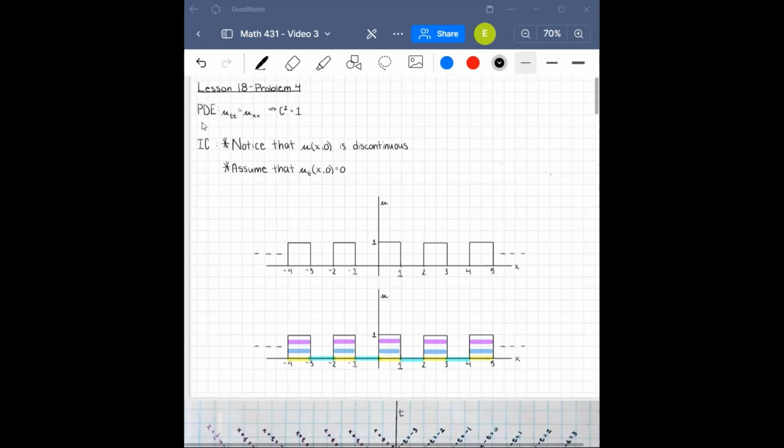So looking at our graph for our initial displacement, we can see that it is discontinuous and that it alternates from a height of 0 to 1. These displacements themselves can be broken up into two waves of equal height moving in opposite directions.